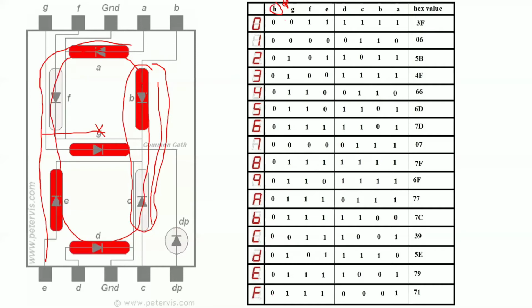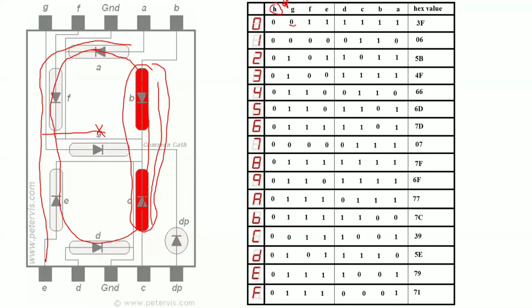Come back to the remaining 7 bits, which are the 7 LEDs. I want to display 0, so which LED will turn off? Only G will be turned off, and the remaining LEDs are turned on. To turn on the LEDs, what value do I need to place for the particular pins? 1. So you see here, except G, all the remaining LED bits turn on.